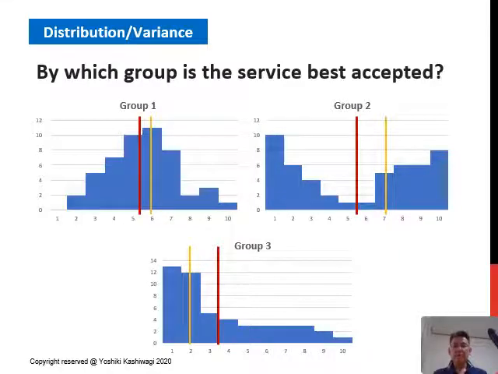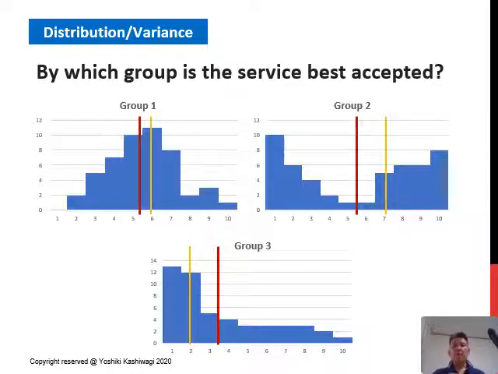What can you say about the results of groups 1, 2, and 3? I'm sure you cannot explain them only with the average numbers. That's why I am showing the 4 approaches to show the data characteristics.